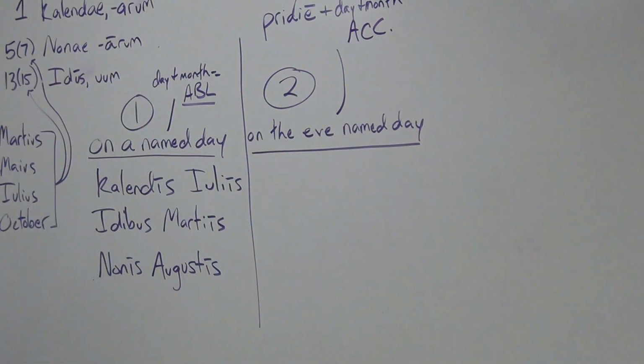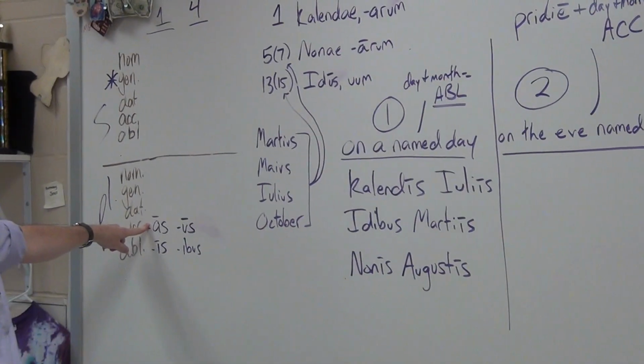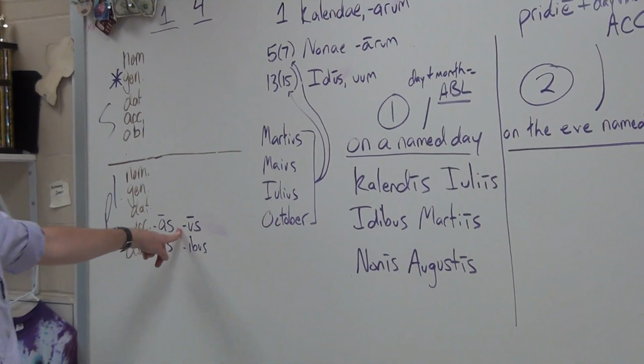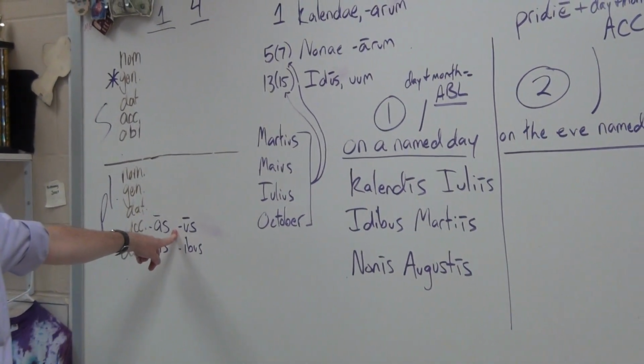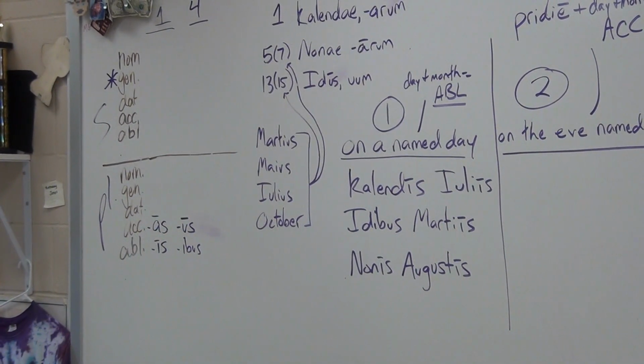And now you can see why the accusative forms of kalendas, nonas, and idus are the ones that I've written up here to have handy.